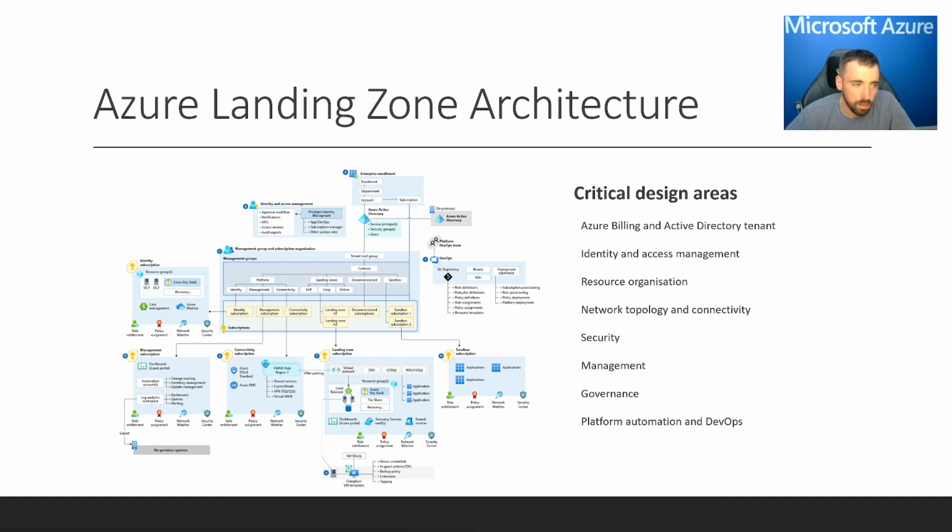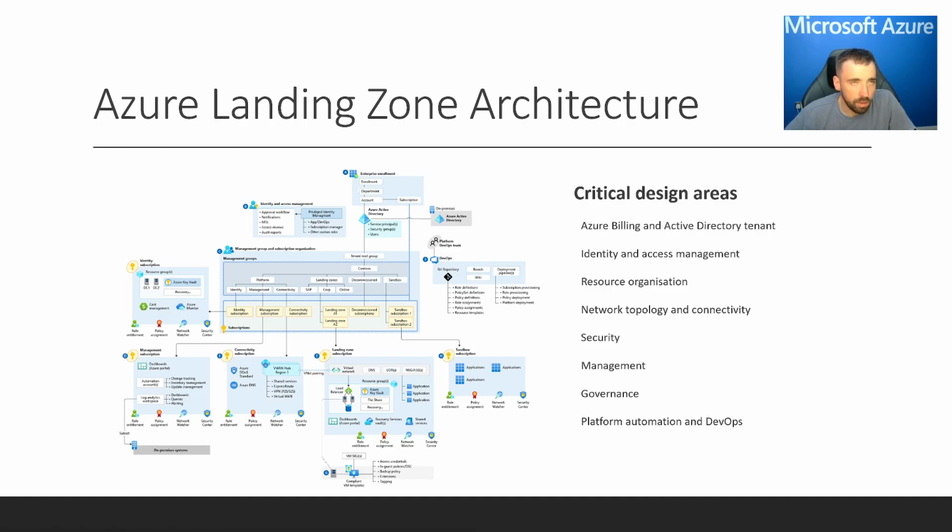Network topology and connectivity, we can see we've got a connectivity subscription in the bottom left, and the Ready phase also makes recommendations on the network architecture, how we should connect to on-premises. In this example, we've got ExpressRoute, a VPN, or potentially a virtual WAN.